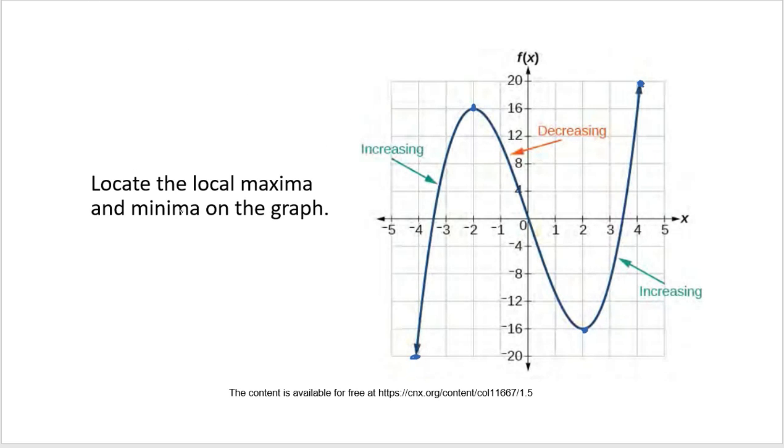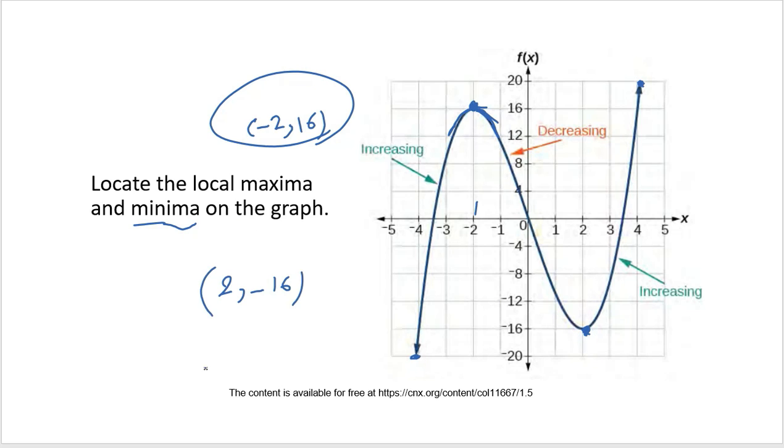So if we want to show local maxima, here is local maxima. It's higher than its neighborhood, this point. So negative 2 and 16 is local maximum. And this point right here is local minimum. 2 and negative 16 is local minimum.